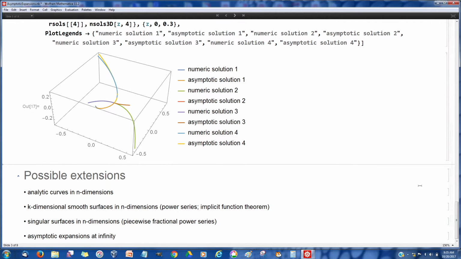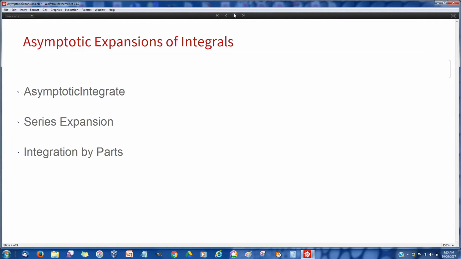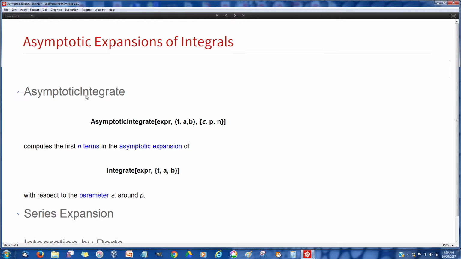Thank you, Adam. I'll now go on to the calculus side of things, and I'm going to talk about two new proposed functions: AsymptoticIntegrate, which finds series expansions for integrals, and AsymptoticDSolve, which gives series solutions of differential equations. So AsymptoticIntegrate is just like Integrate.